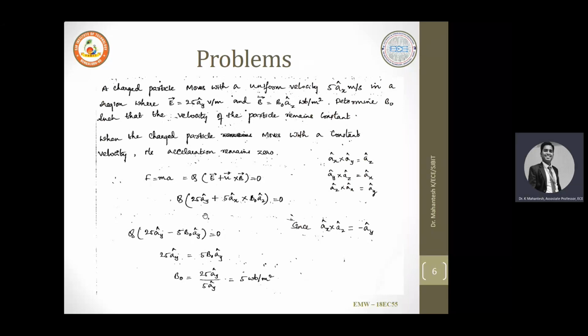Substituting all the values here, we know that a_x cross a_z gives minus a_y. Therefore, 0 is equal to 25 a_y minus 5 B naught a_y. Therefore, 25 a_y is equal to 5 B naught a_y. Therefore, B naught is equal to 5 Weber per meter square.